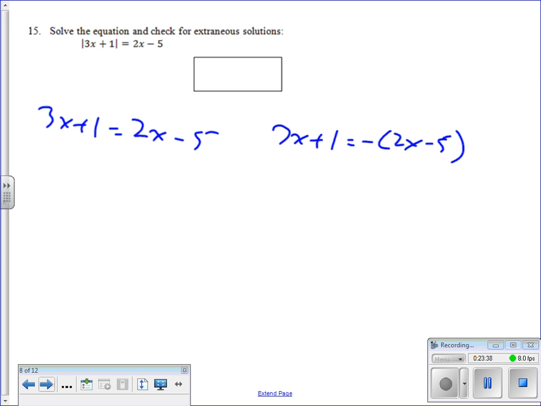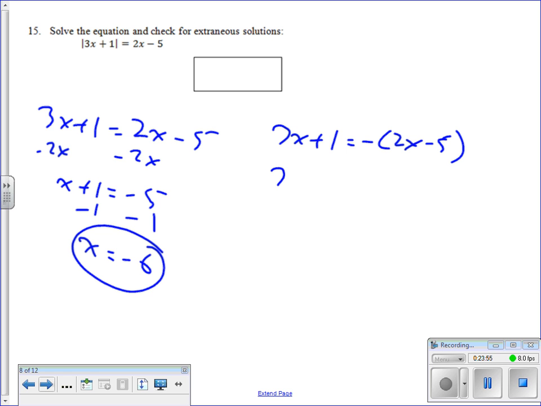Equal to plus and minus. Now solve. Subtract 2x. x plus 1 equals negative 5. Subtract 1. x equals negative 6.